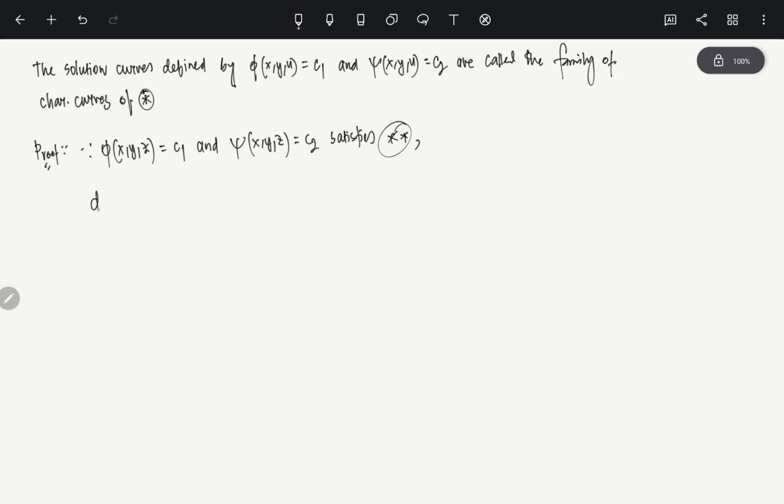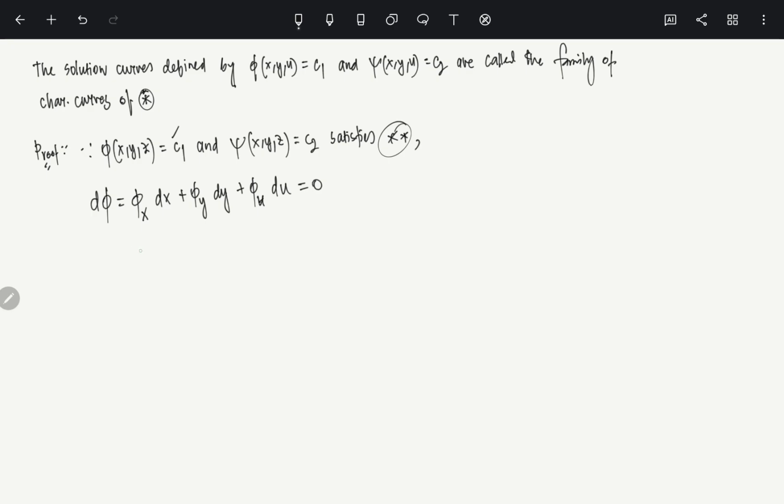You see, d phi, the differential of phi, is nothing but, if you remember your several variable course, phi of x dx plus phi of y dy plus phi of z dz. Is it okay? Phi of z we are writing as u, so phi of u du. And this is going to be 0, because phi is constant, so if you are taking the differential, that is going to be 0, right?